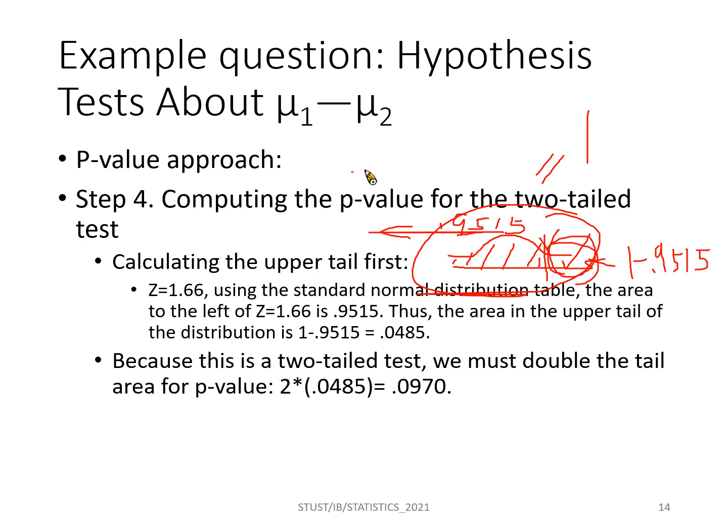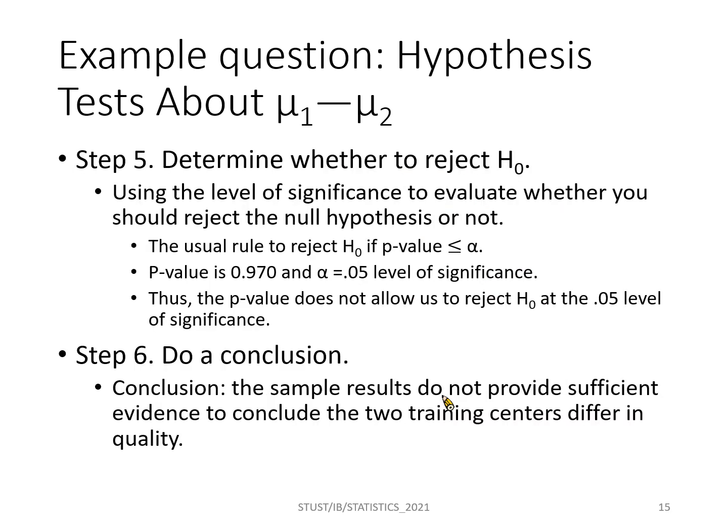Then because it's a two-tail case, you can double the probability from this part for the other part to get the final result. So the total p-value is 0.097.